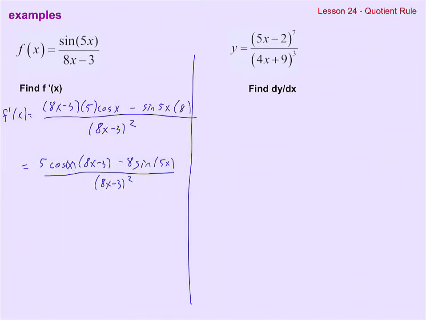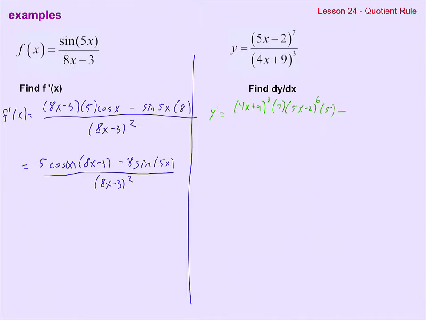For the next one, y prime, there's going to be a little bit more cleaning up to do. But the structure, the way we set it up, is the same. Low d high. With the d high, there's a little bit of a chain rule to remember here. It is 5x minus 2 to the 7th, so it's 7 times 5x minus 2 to the 6th. But remember, because of that 5 in the 5x minus 2, we also have the derivative of the inside to worry about.